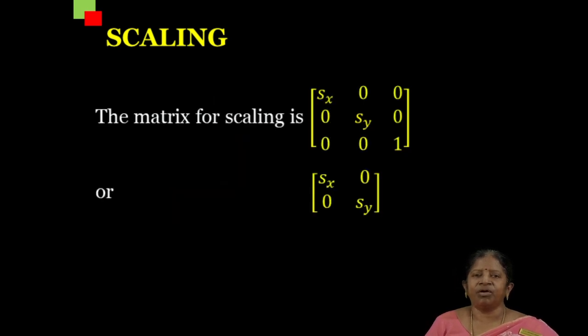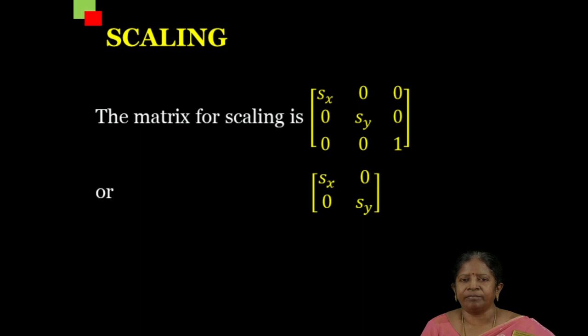So, if you want again to form a composite transformation matrix, we may represent scaling by a 3 by 3 matrix in this form: Sx 0 0, 0 Sy 0, 0 0 1.